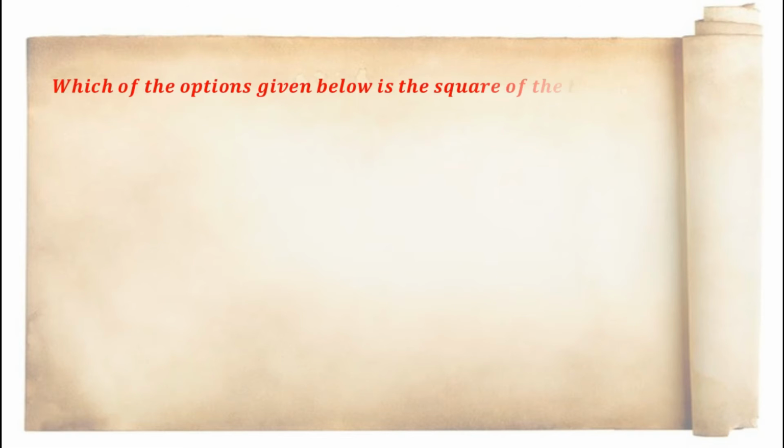And we will move to the next question here. Question number 2. Which of the options given below is the square of the binomial 8 minus 1 upon x?